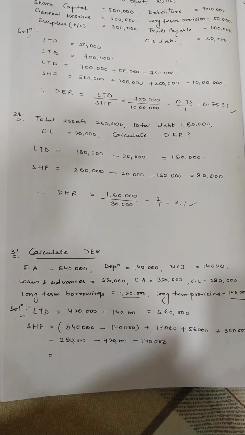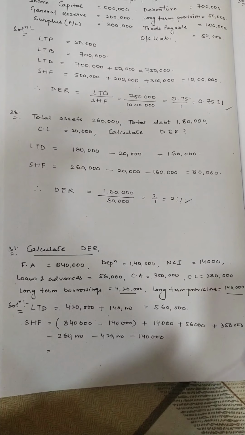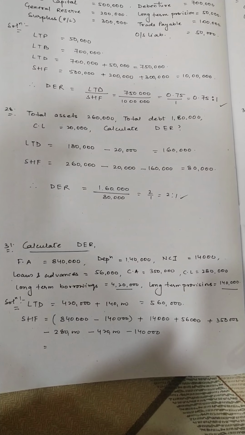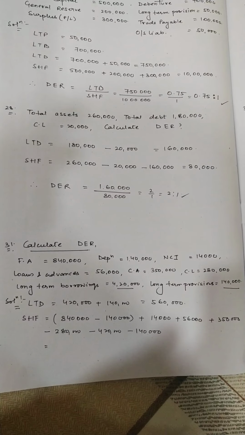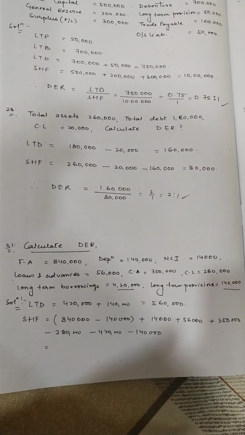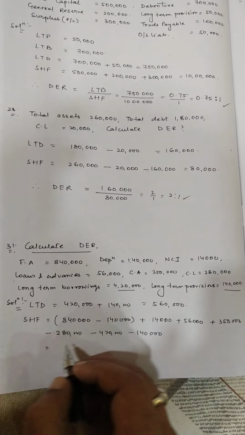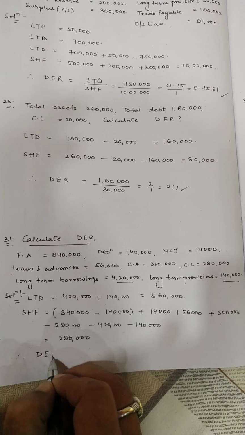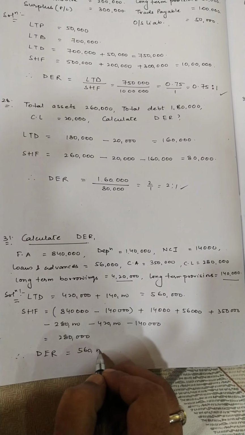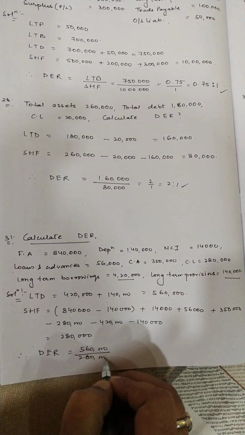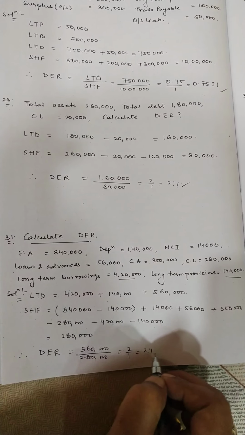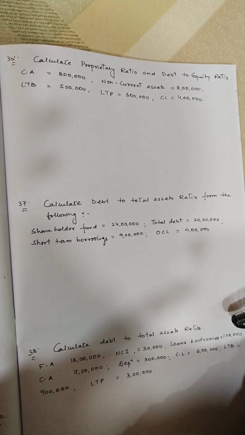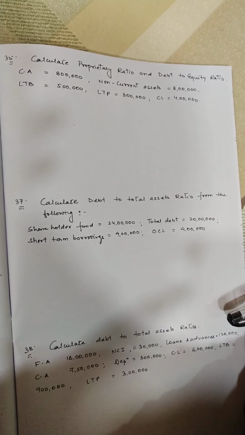It will be 7 lakh plus 14 plus 56, 350, minus 280, 420, 140. That is 280. Therefore DER equals 560 by 280, that is 2:1.